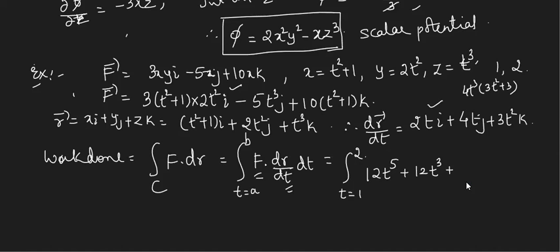Next, multiply the j coefficients. 5 4s are 20, minus 20 t raised to 4. Coefficients of k you multiply. What will you get? 3t square, 3 means 30t square. 30t square into t square is 30 t raised to 4, plus 30t square.